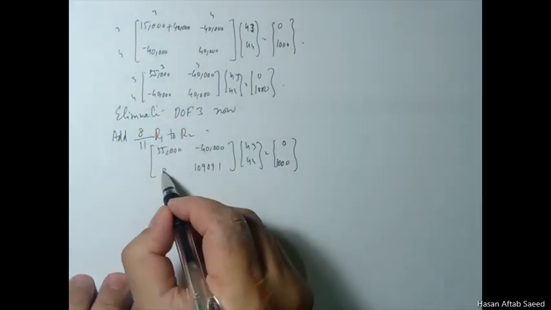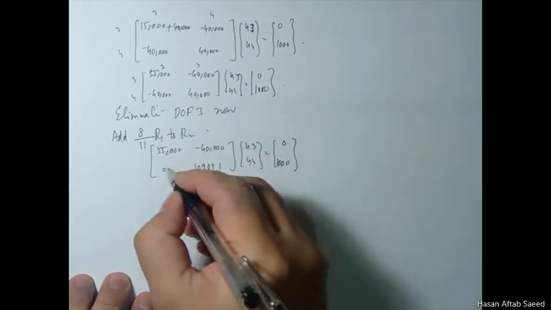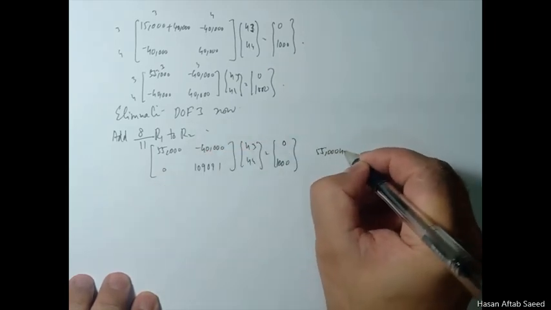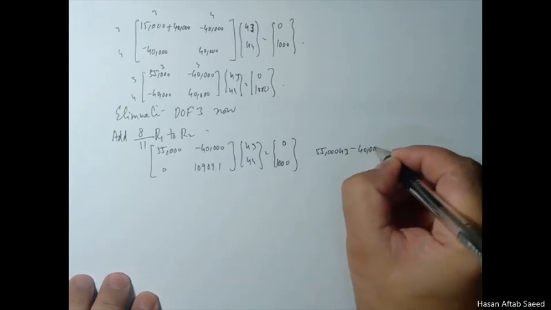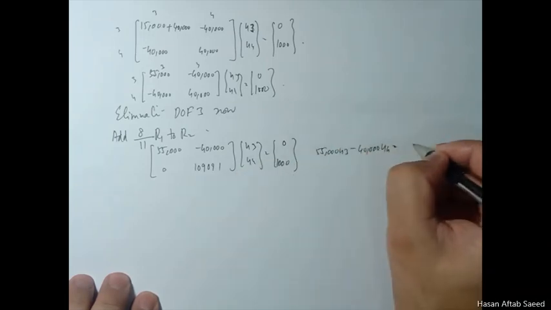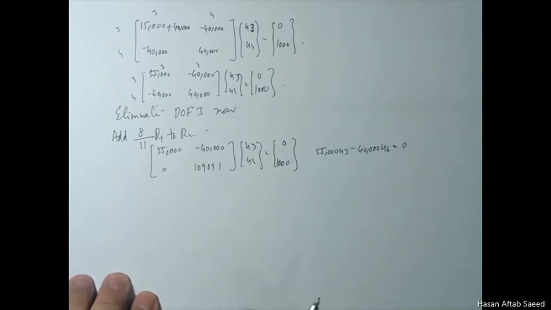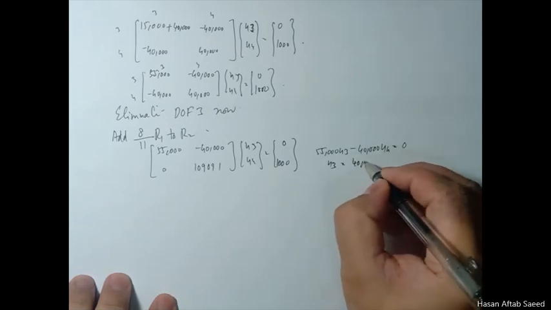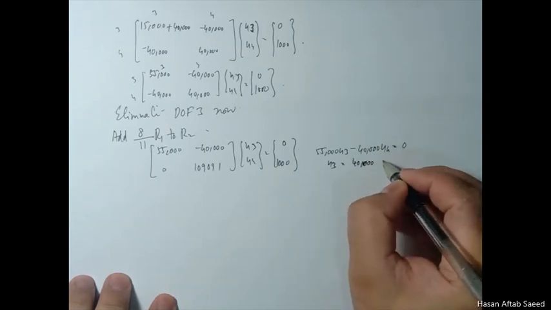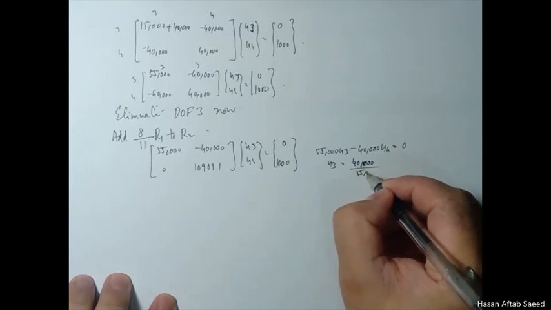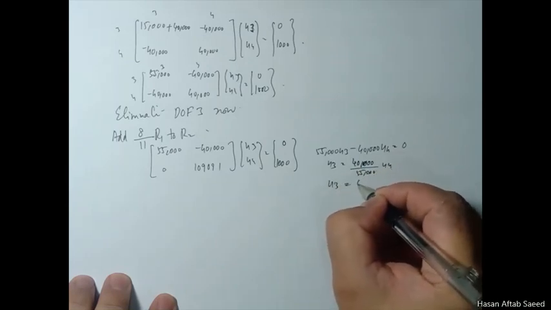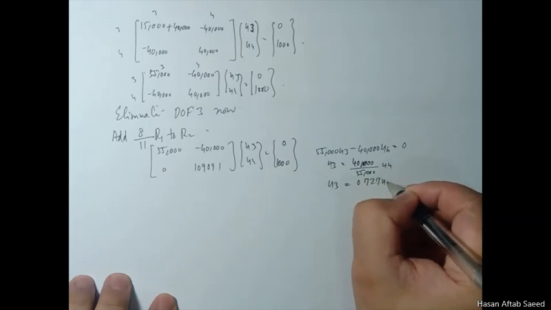You have to make this 0 before eliminating, but before eliminating it you have to write this equation: 55,000 u3 minus 40,000 u4 is equal to 0, and u3 is equal to 40,000 over 55,000 u4, which is 0.727 u4.